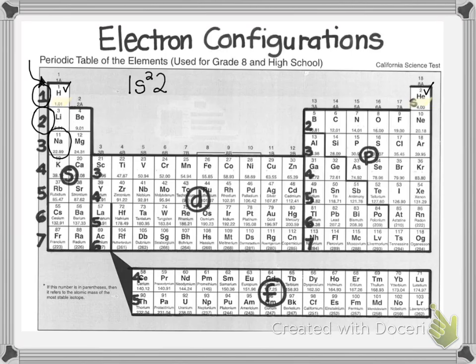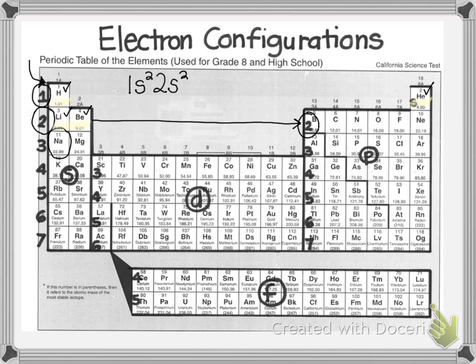Now we're going to come in here, which is the S sublevel, and we count, and we have 1, 2 electrons. Now you do have to be careful. You go all the way across. Don't start going down the table until you've completely filled a period. We're still in the second energy level. The p orbitals, their energy level is the same as the row or period that you're in.